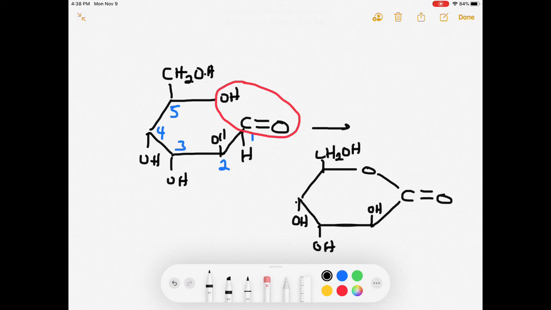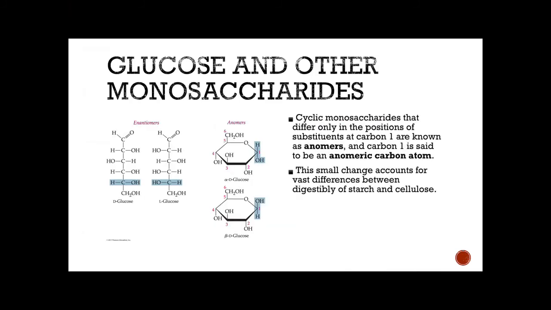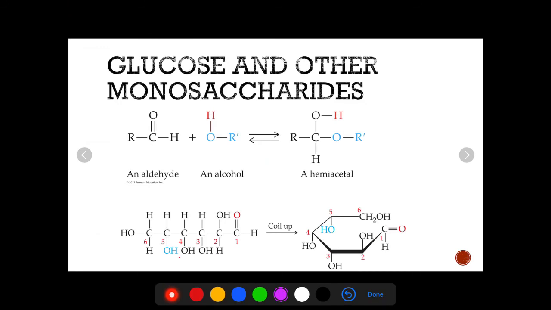So the OH groups that were on the right are going to point down. So when we draw the cyclic structure, it's called a Haworth structure. So anytime we draw the Haworth structures, the OH groups that were on the right, which are going to be these right here, those are the ones that are on the right.